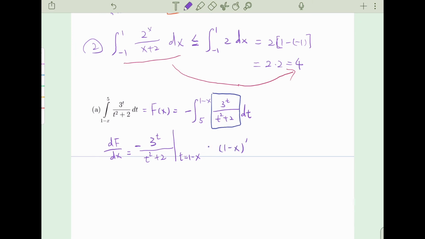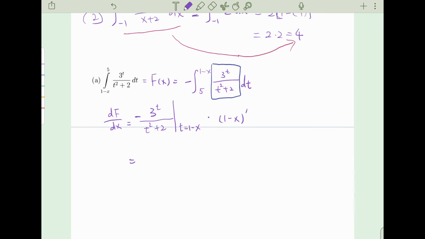Okay, so now I have 3 times (1 minus x) divided by (1 minus x) squared plus 2. The negative sign multiplies with the derivative of 1 minus x, that is just negative 1.